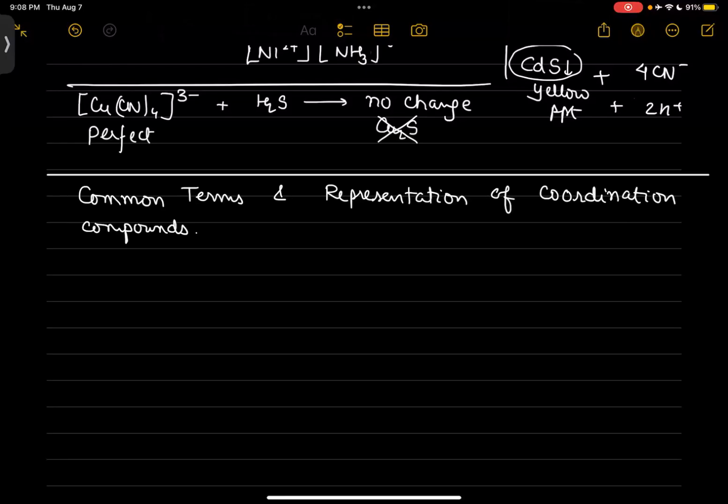So we have seen coordination compounds, basic criteria, and definitions.